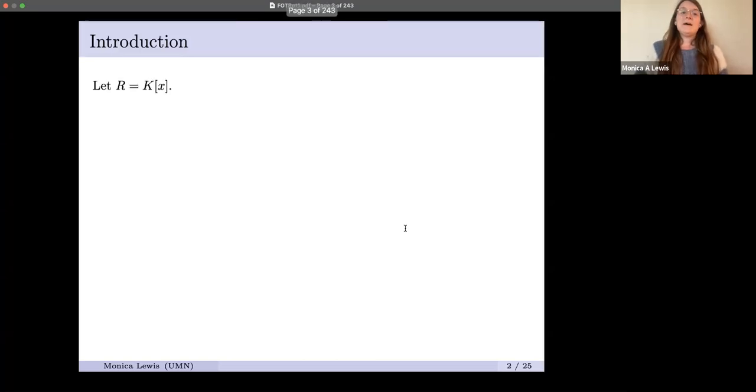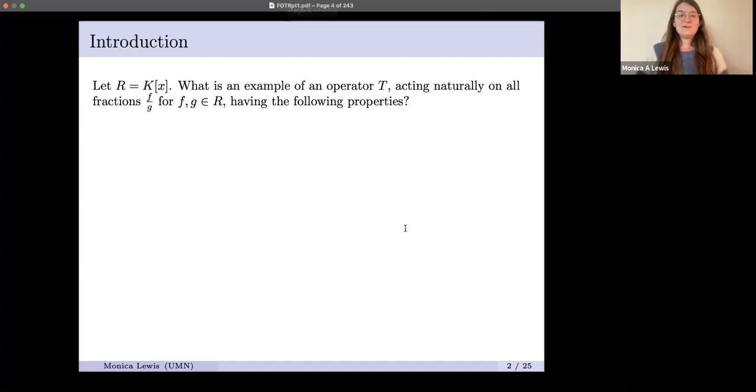Okay. So to start off with, let's just consider the case where R is a polynomial ring over K, some field, in one single variable. So just think for a moment, what would be an example of an operator, say T, that acts naturally on all fractions F over G, where F and G are both polynomials, and has the following properties.